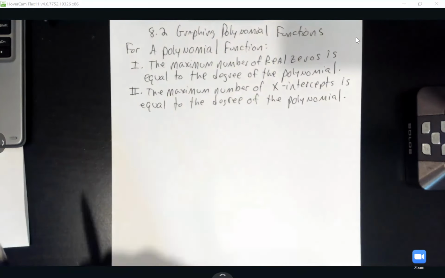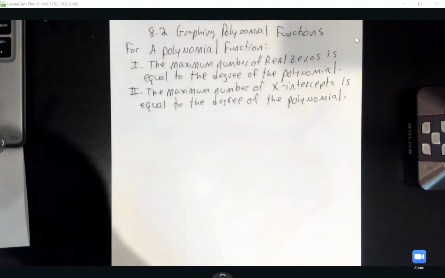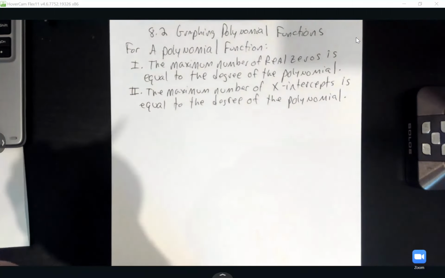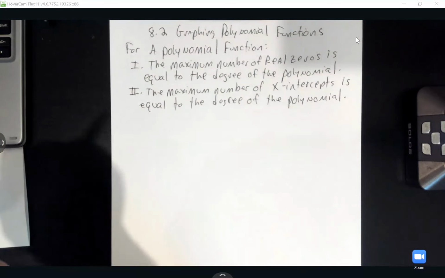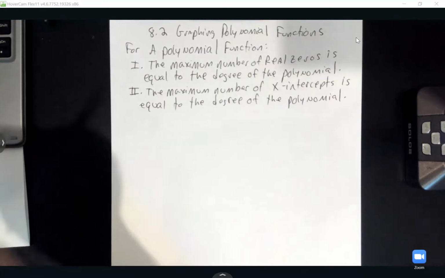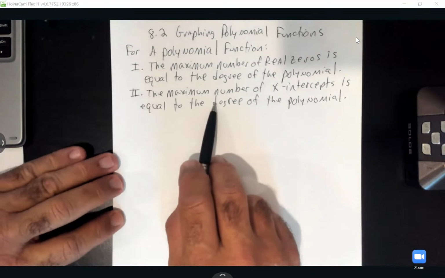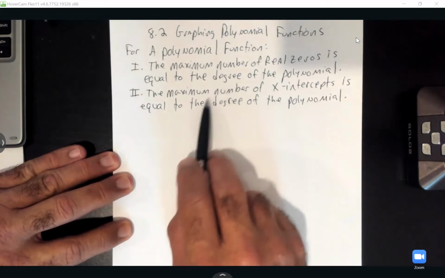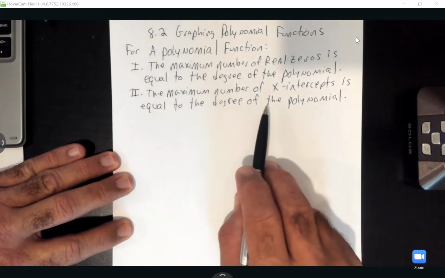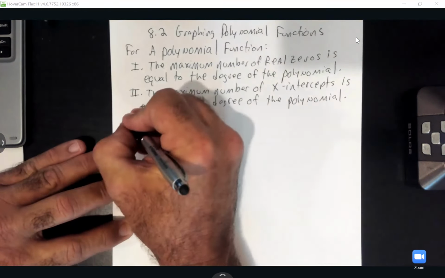That makes perfect sense because remember, you had problems where you were finding the x-intercepts and then it asked you for the zeros, which were the solutions. So the x-intercepts, those x values, are equal to the zeros. Since x-intercepts are equal to zeros, these both are going to be equal to the degree of that polynomial, which is the highest exponent.